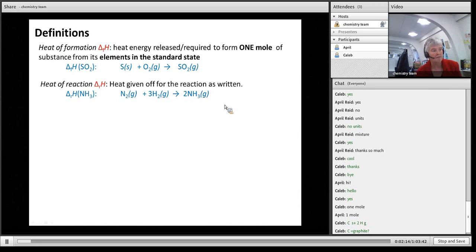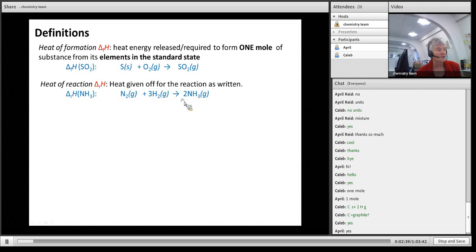So if I had a 4 here in front of the NH3, I would have twice as much heat released or taken up. Or if I had only 1 over here, I would have only half as much heat released or taken up. Does that make sense? So the heat of reaction is just simply for the reaction as given.